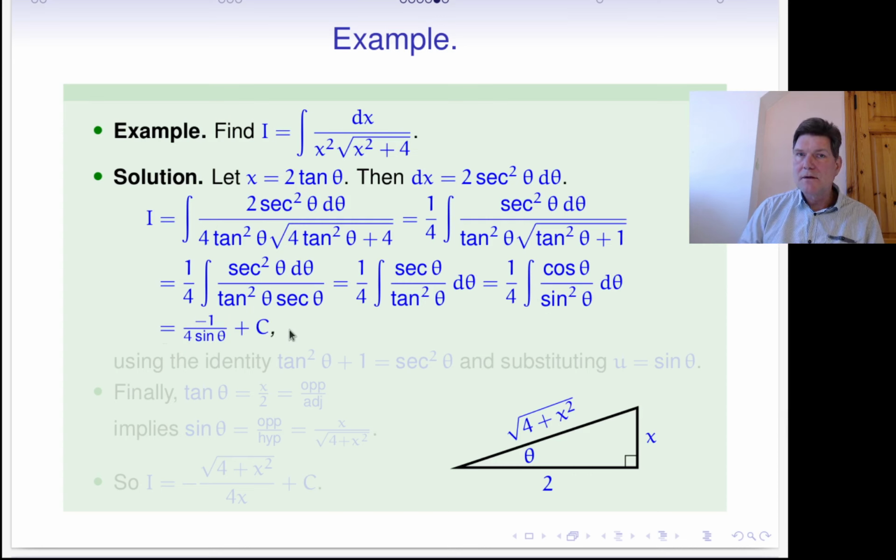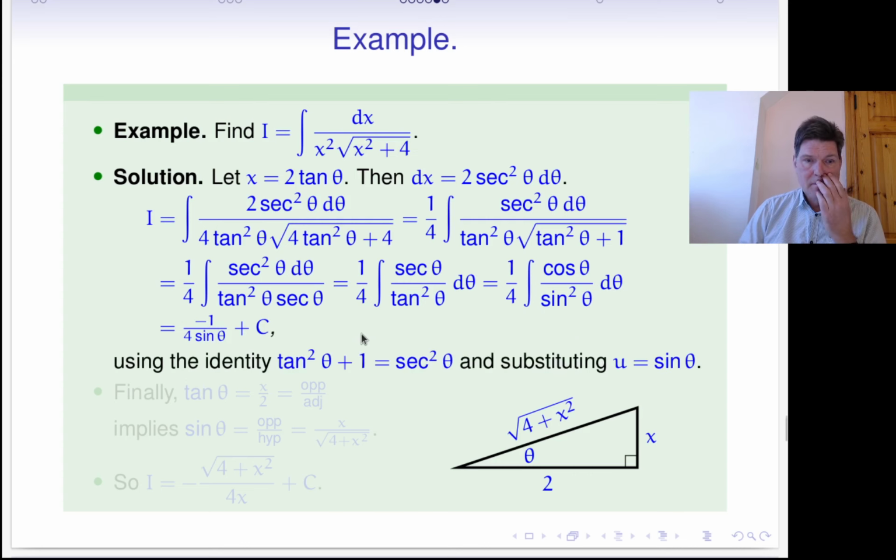So I did the u substitution mentally rather than write it all out. This is substituting u for sine theta here, and it all falls into place. And back substituting gives then minus 1 over 4 sine theta plus c.